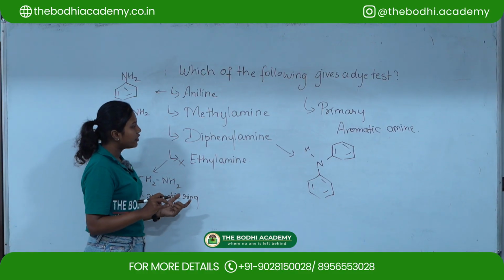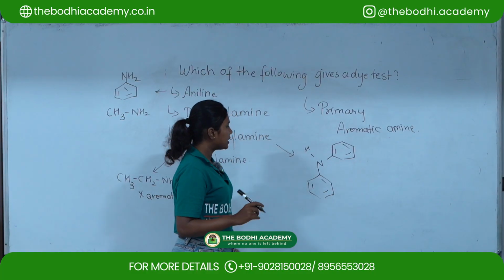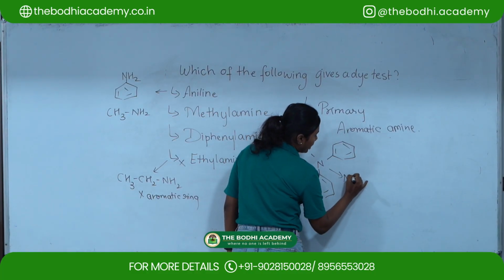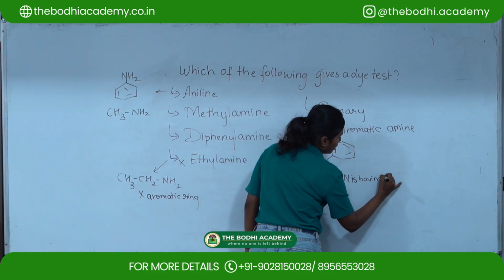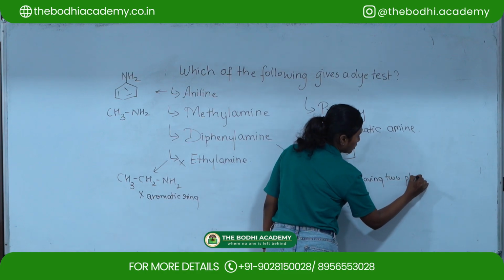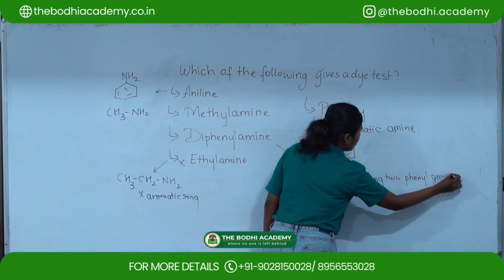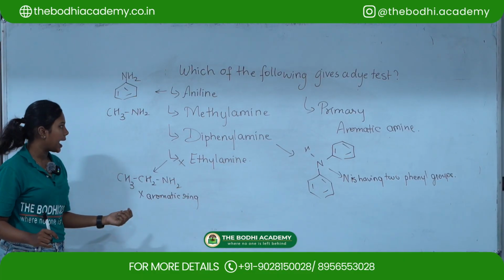Next we go to diphenylamine. In this we have the aromatic part, but the nitrogen is having two phenyl groups. That is the reason that this one also cannot undergo the dye test.